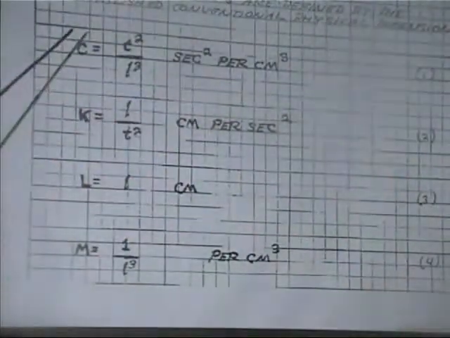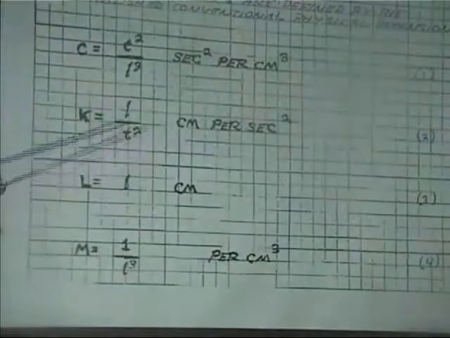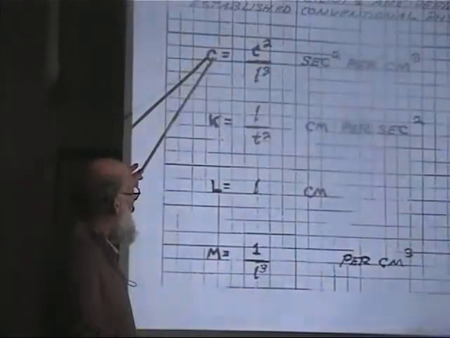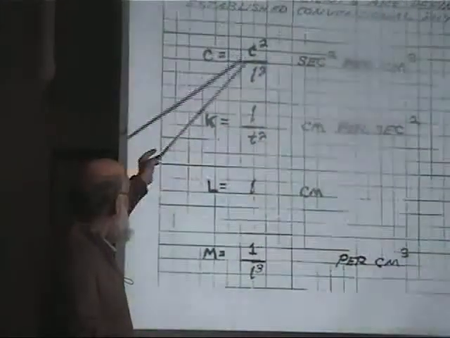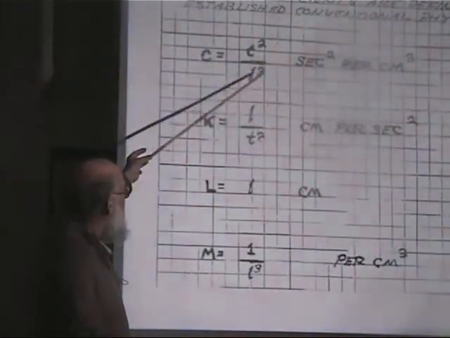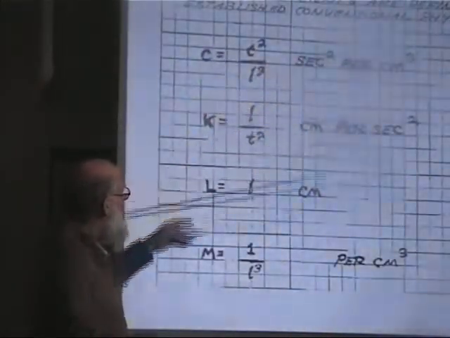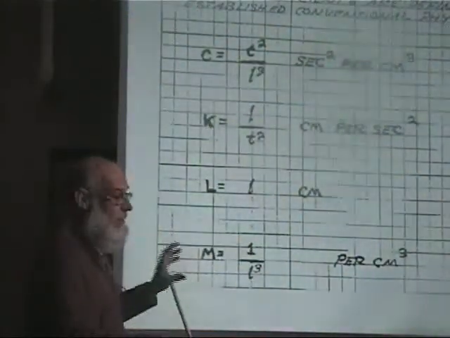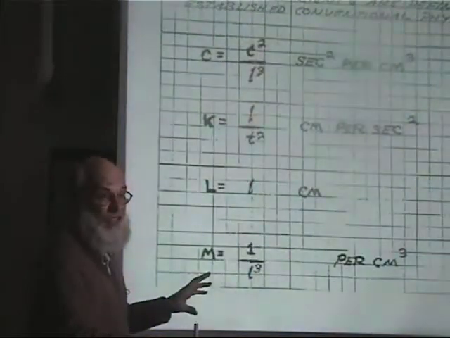So these are the standard dimensional representations that are used by electrical engineering. Capacitance, in farads per centimeter, has time squared in the numerator and length cubed in the denominator: seconds squared per centimeter cubed. These are established by the British Association.